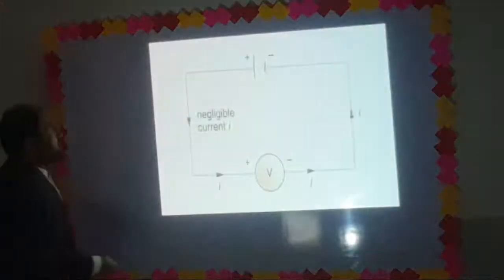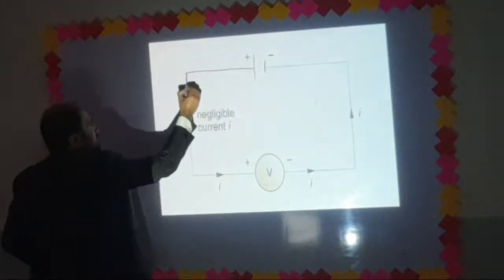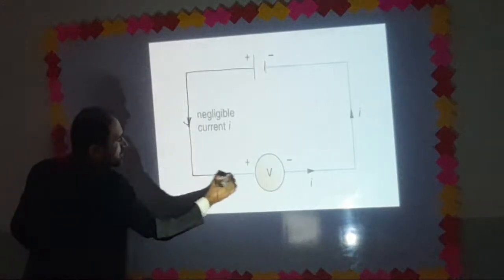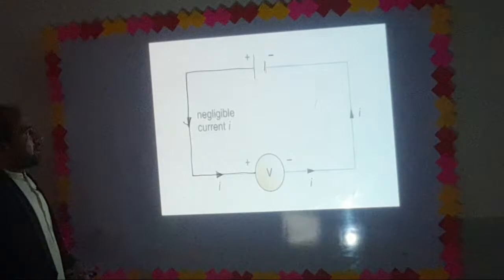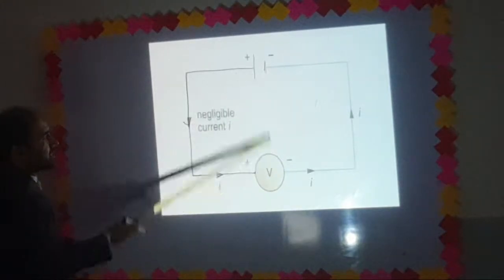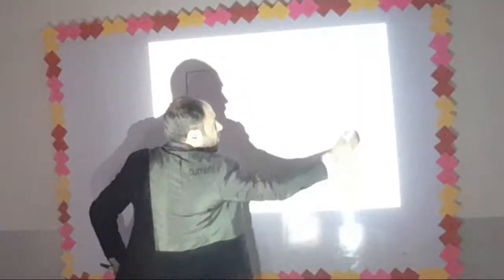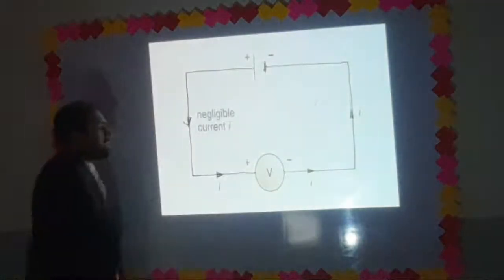This is a very important circuit. The current will flow from the positive terminal of the battery and will go through the voltmeter. Here in this circuit, no resistor is present. We are just going to measure potential difference across 2 terminals of the battery.